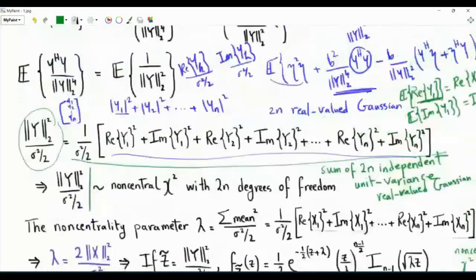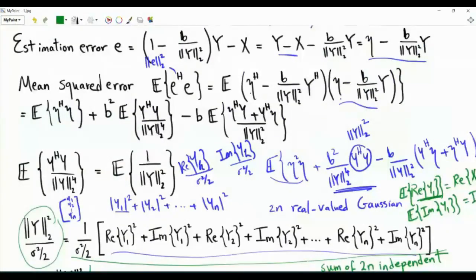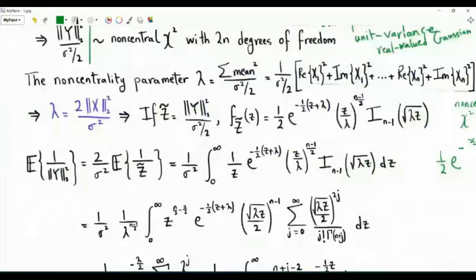We are interested in the expectation of the reciprocal of the L2 norm squared of vector y, because this is a term in the mean squared error if we use the James-Stein estimator. And so what we need is the expectation of this quantity. And so in terms of the non-central chi-squared random variable, basically this expectation here is the expectation of 2 divided by sigma squared z tilde.